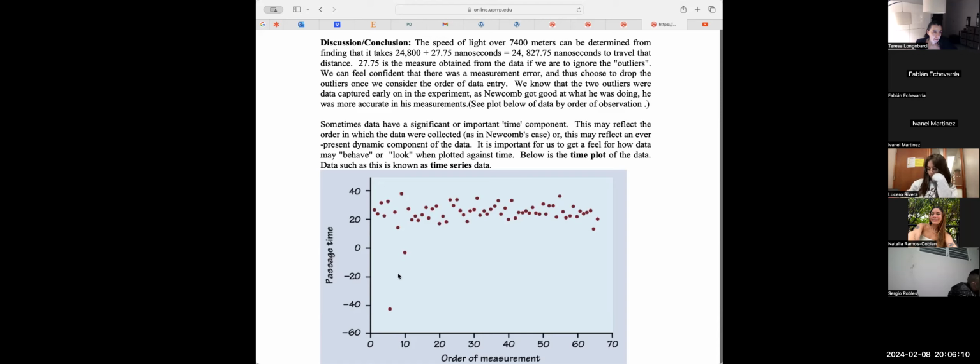You could tell a story: the first couple of measures, the researcher on the ground was making mistakes with the equipment, or the person shining the light recorded it wrong at the moment. It never happened again, so we don't think it was a glitch in the universe. We think it was a measurement error or a data entry error, so we drop them.